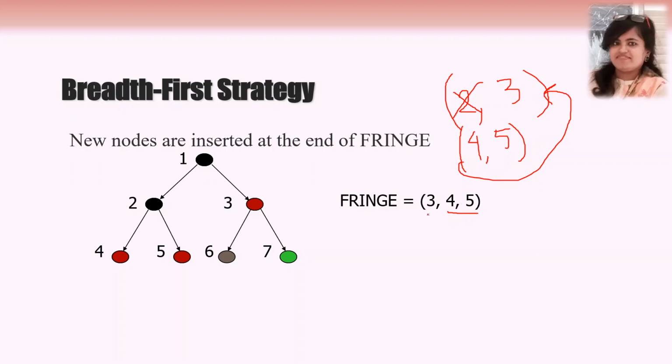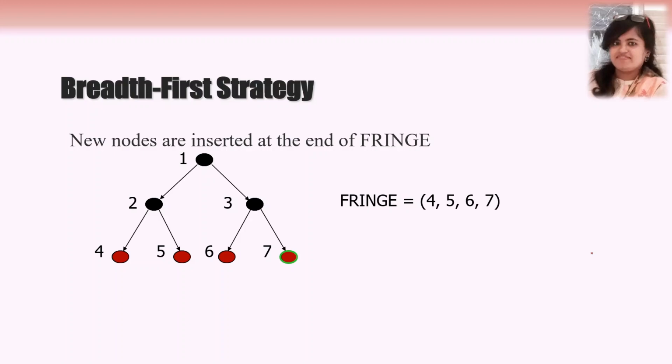So now the fringe becomes 3, 4 and 5, and the first node present in the fringe, node number 3, will be explored now.